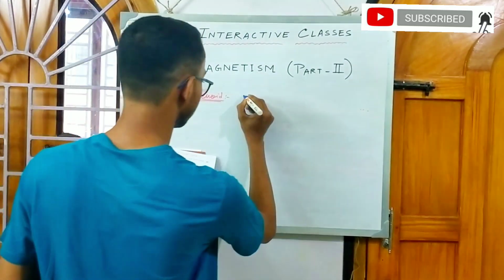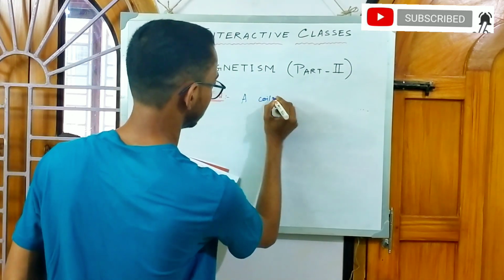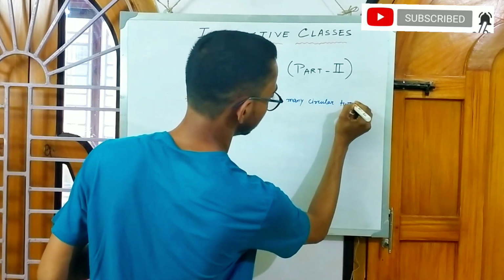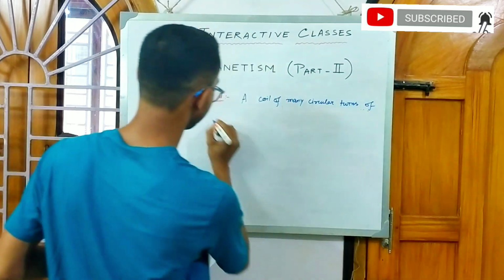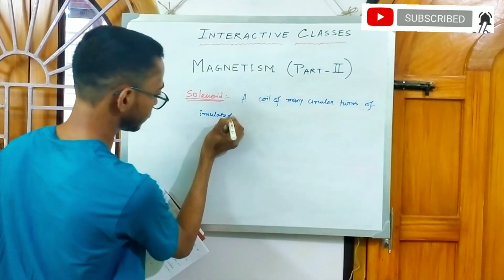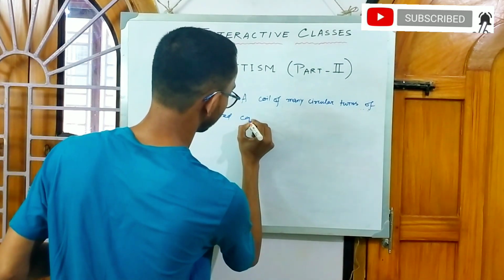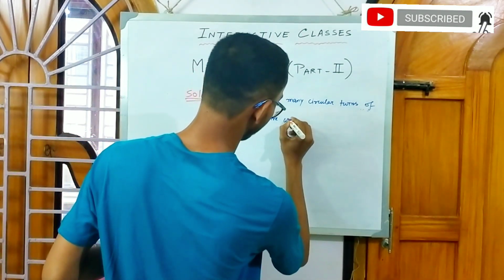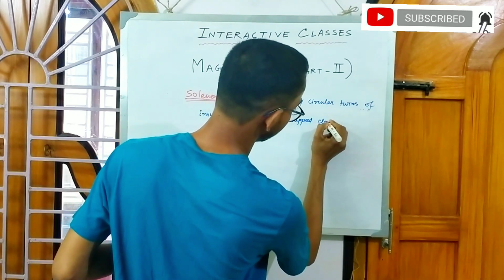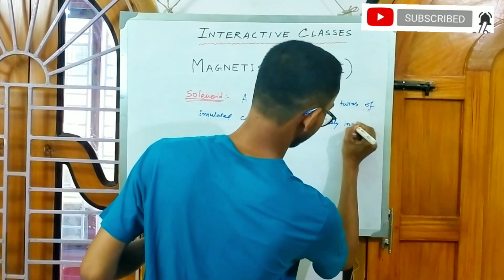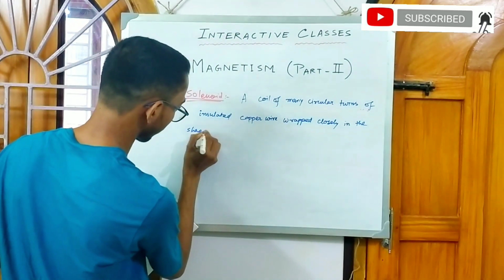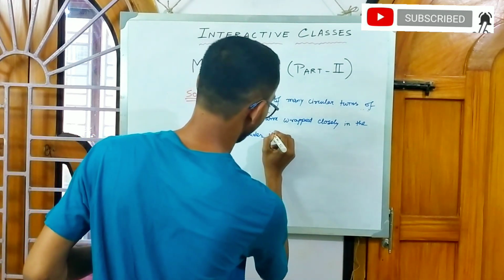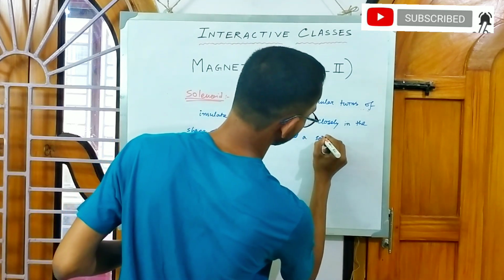The definition of a solenoid is a coil of many circular turns of insulated copper wire wrapped closely in the shape of a cylinder is called a solenoid.